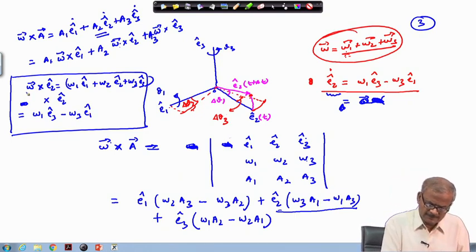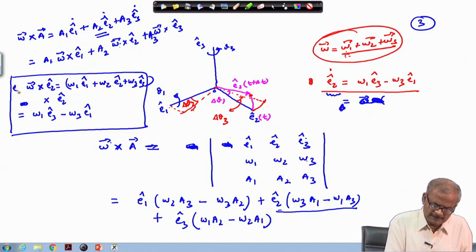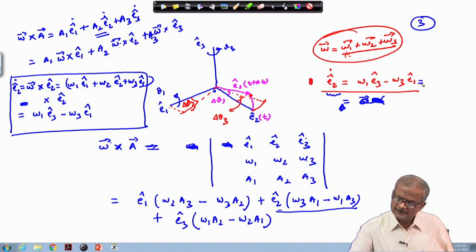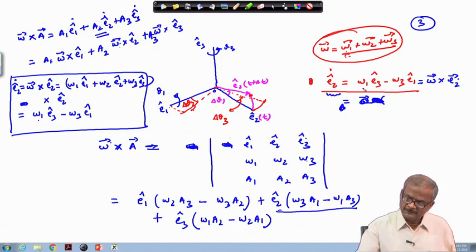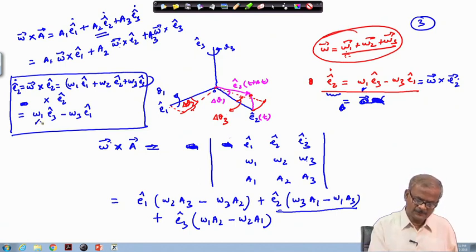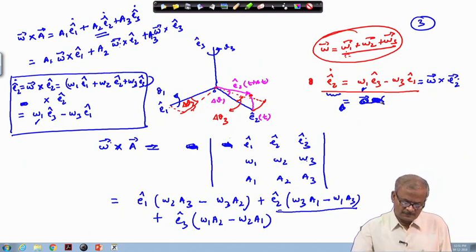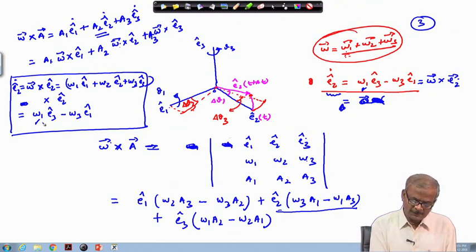So, look here, this quantity we are writing as E2 cap dot, which is nothing but omega cross E2, which is verified here. Omega 1 is present here, and omega 3. What we have got here is exactly omega 1 E3 cap in these two places.